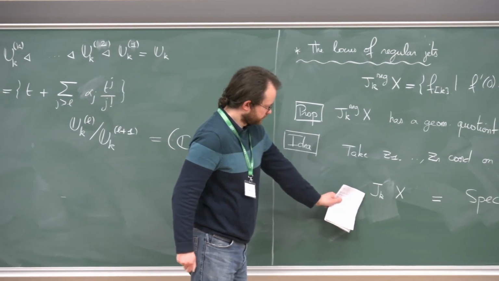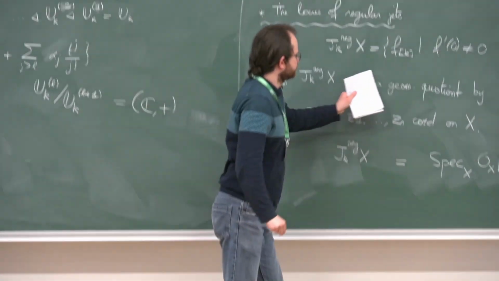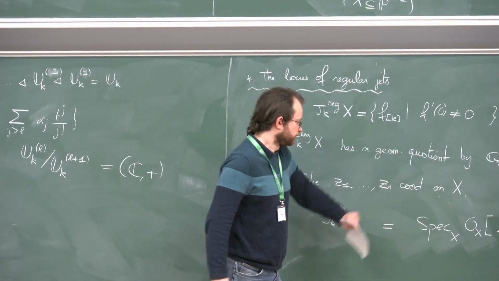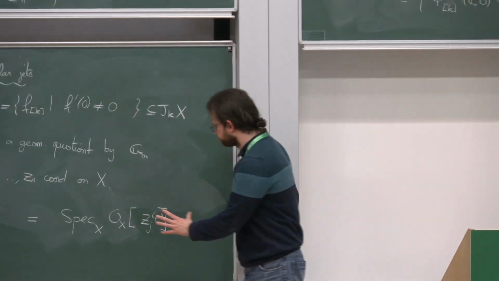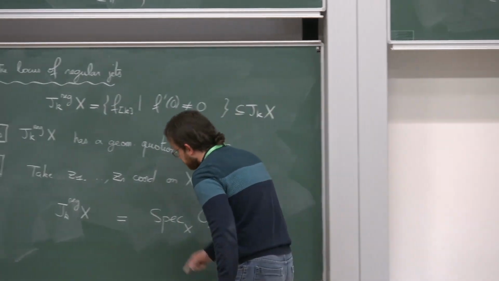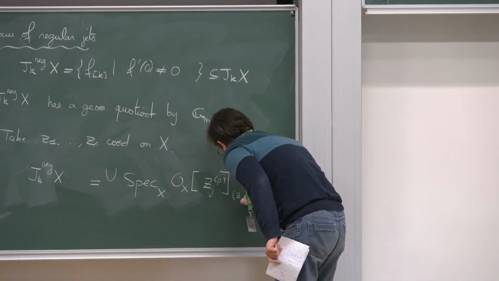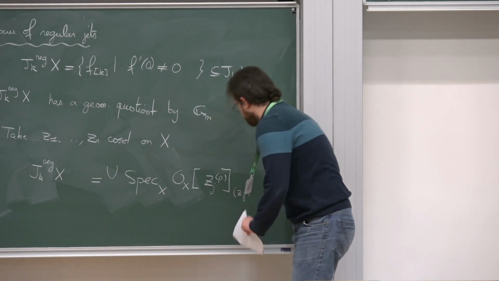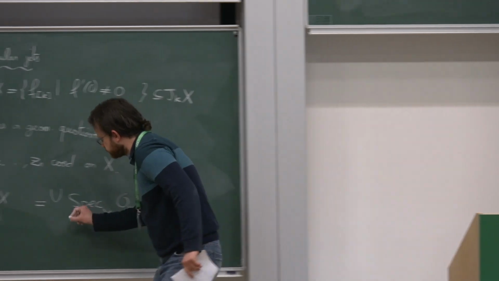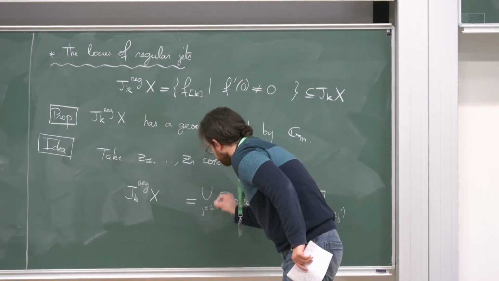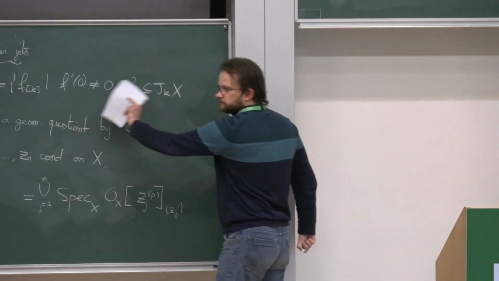All right, and now if you want to look at the regular jets, what do you do? Well, you want to say that this f' is non-zero, so this will define some conditions on that Spec, and in the end what you end up doing is simply localizing this Spec at the coordinates z_j', and you take the union for j going from 1 to n. And in this union you have all the regular jets.